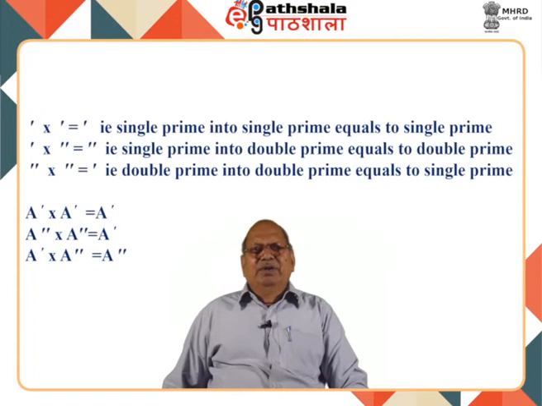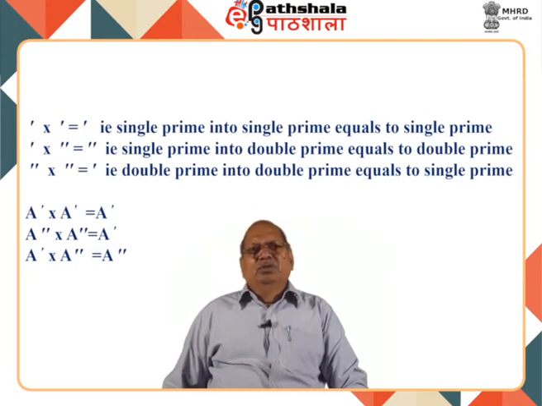Similarly, we have single prime and double prime. Single prime into single prime equals single prime, as shown. Then single prime into double prime, we will get the result as double prime.